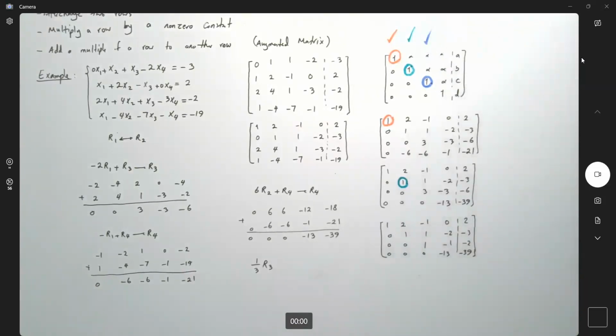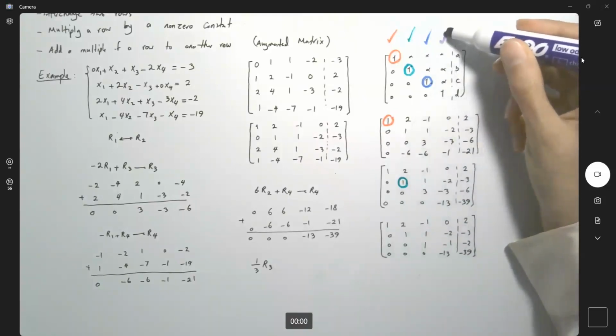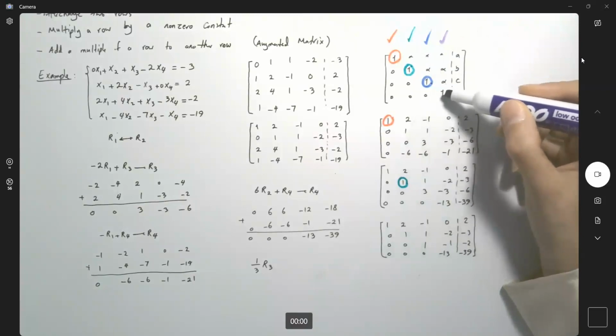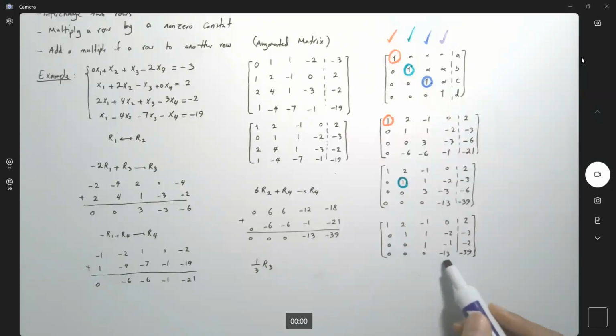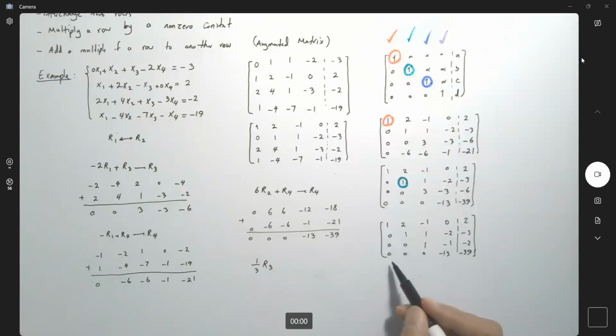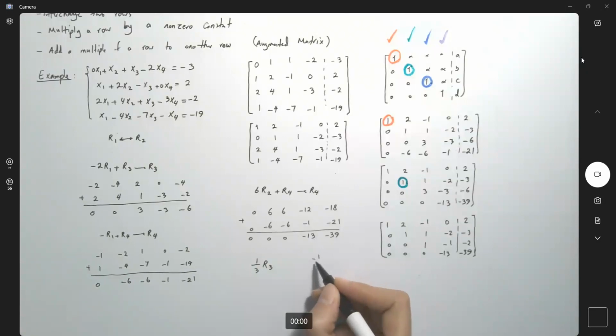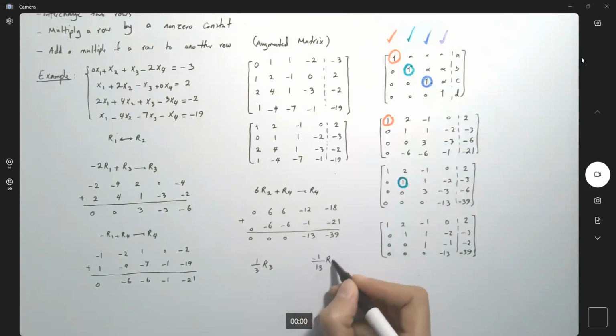I'm good with the third column as well. The last column is left, and it must have 1 on the last element of the main diagonal. Unfortunately, I have -13. So the easiest thing is to multiply R4 by -1 over 13 times R4.